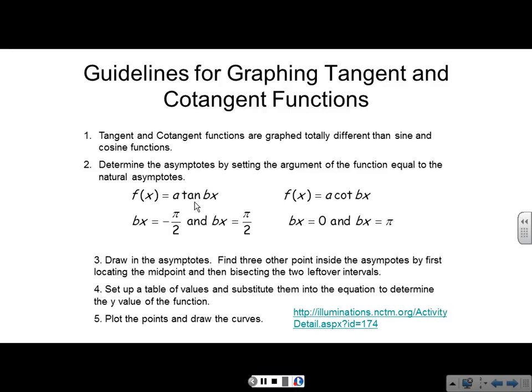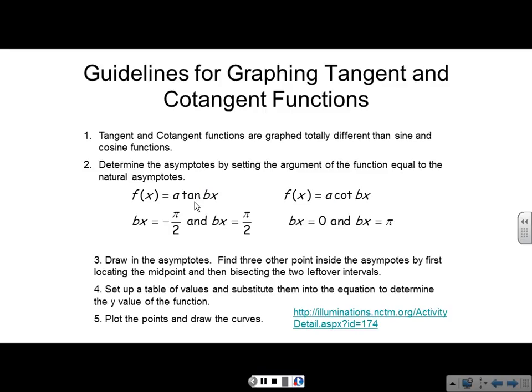So now we're going to take this negative pi over 12 and plug it in for x. So 3 times negative pi over 12 is going to be negative pi over 4. Well, we have to ask ourselves, what is tangent of negative pi over 4?